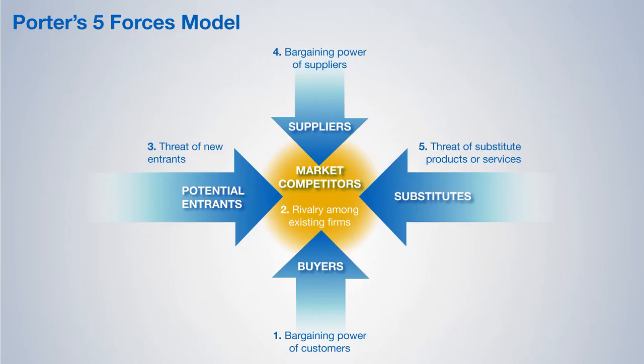The last power is the threat of substitute products or services. Substitute products are those that are not direct competitors, but when pressed, could provide the same utility. For example, consider automobiles.